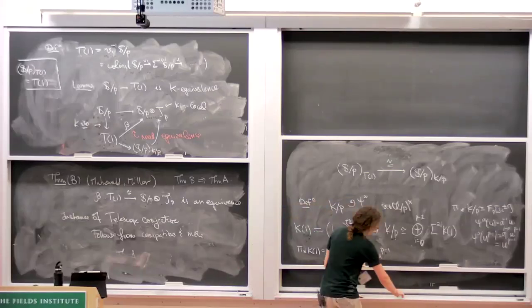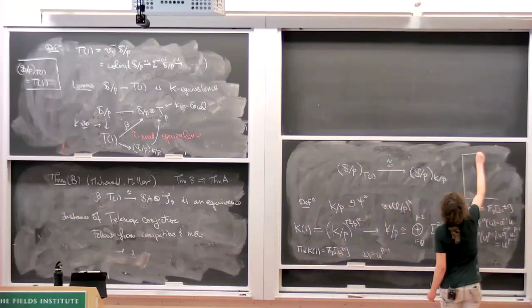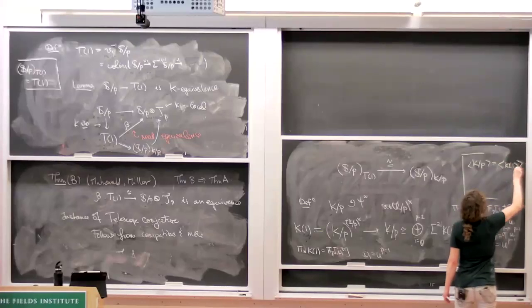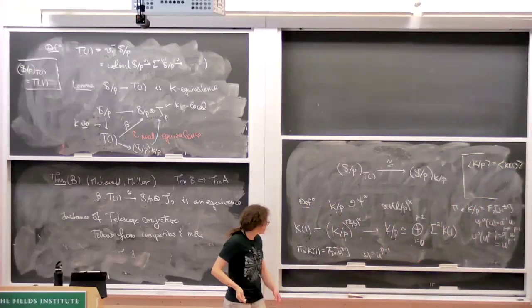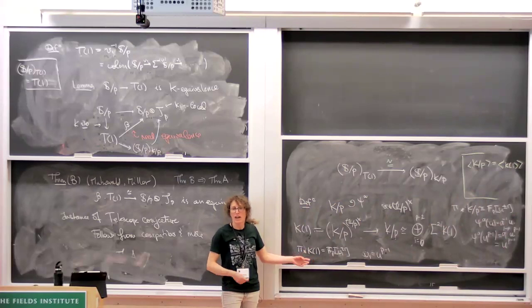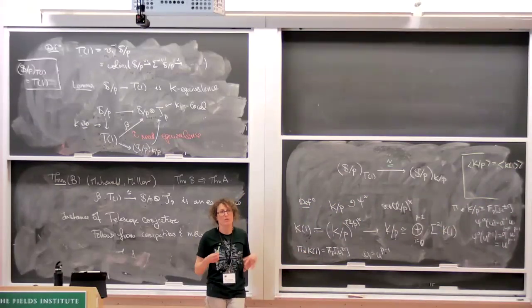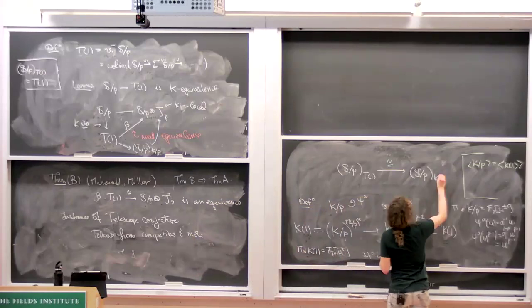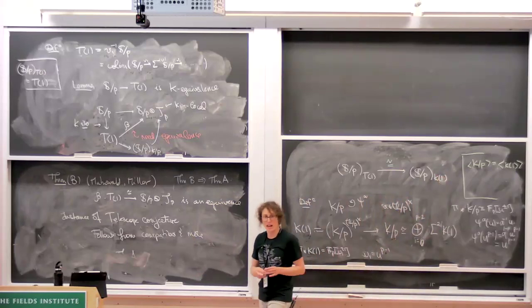So let me write that. Over here, K mod P, we have a notation for this. These have the same acyclics. This one's just a little smaller. I've just stripped off some irrelevant, redundant information. Okay, so therefore I can do this. I can change that.